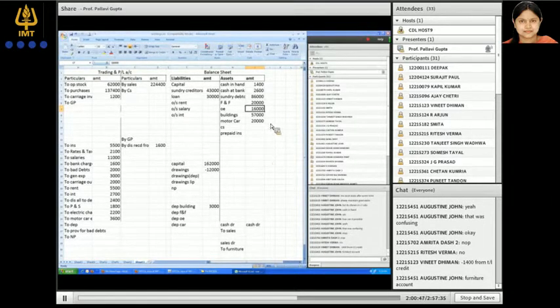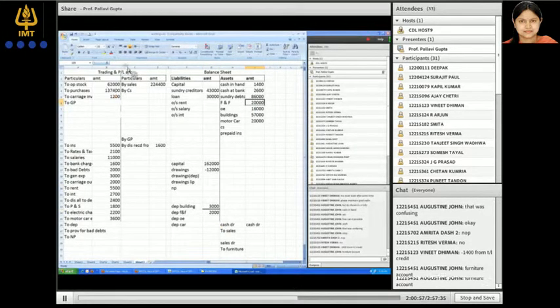Now we can charge 10% depreciation on it. 10% of 20,000 depreciation would be 2,000 here, and 20,000 minus 2,000 again for depreciation. Right?